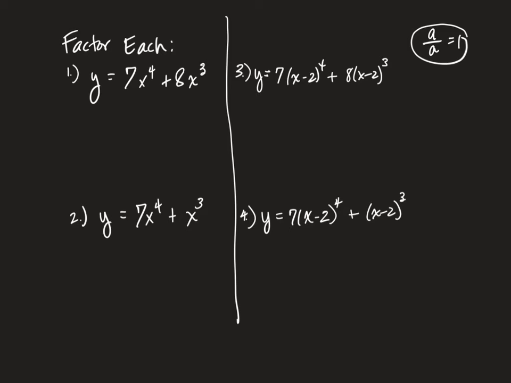We have to determine what we have in common. And we figure out the common factor is x cubed. So what I'm going to do here is a slightly different approach. I'm going to multiply by x cubed over x cubed, the common factor.